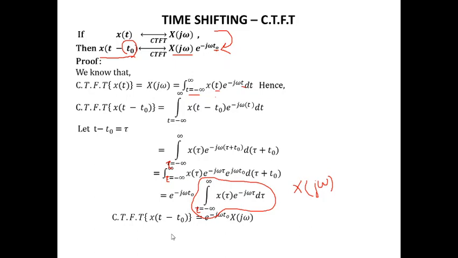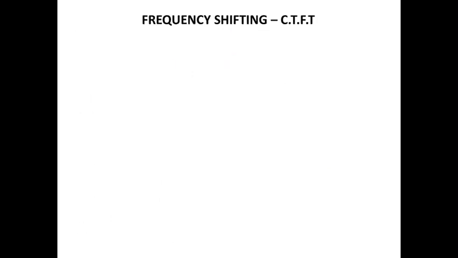The CTFT of x of t minus t naught is e power minus j omega t naught into x of j omega. Then we move on to the frequency shifting property.